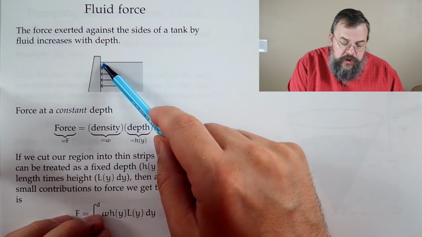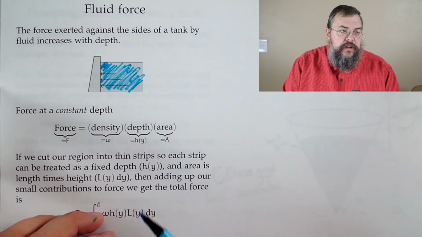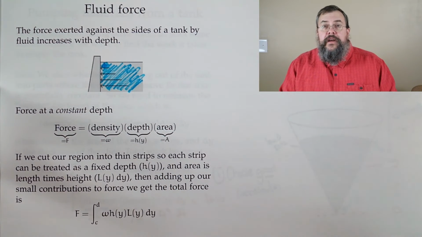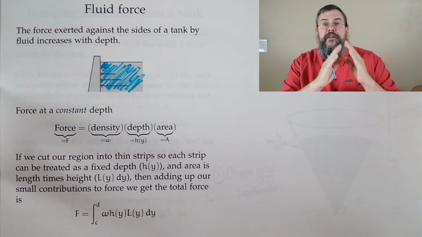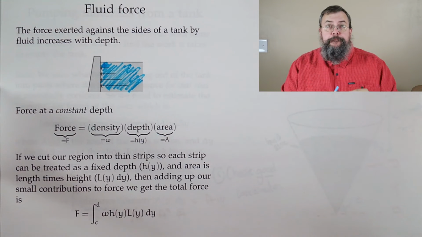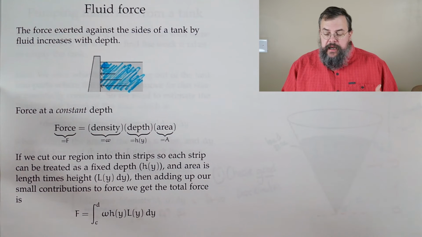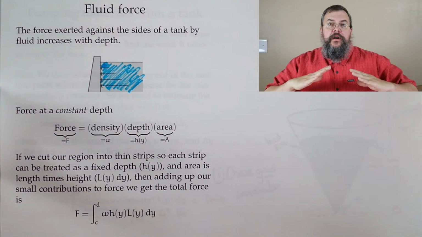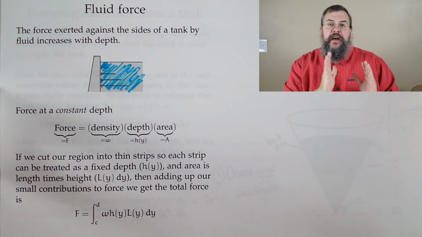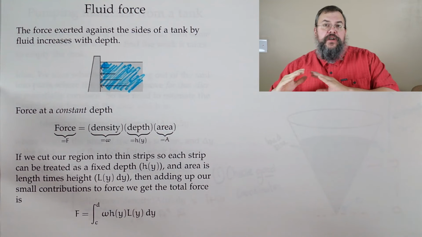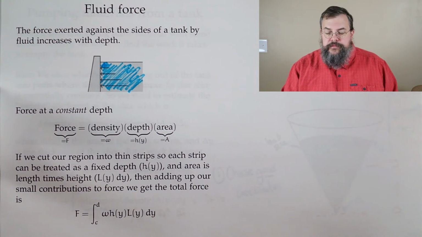One of the things you'll notice about dams is that if you look at a cross-section of them, they tend to be a lot thicker at the bottom and a lot thinner at the top. Why is that? The water pushes against the dam at all levels, but it actually pushes more, in some sense, at the bottom.